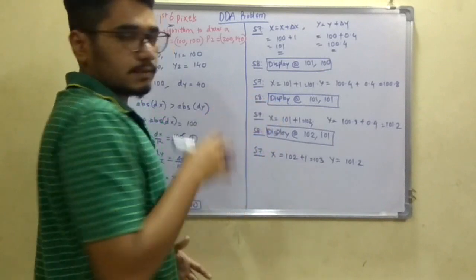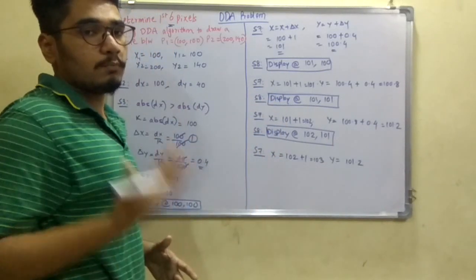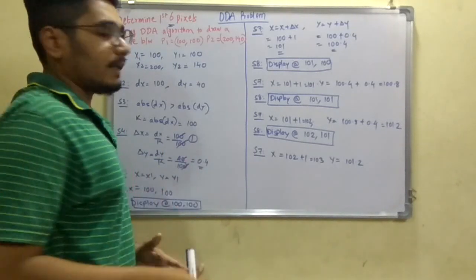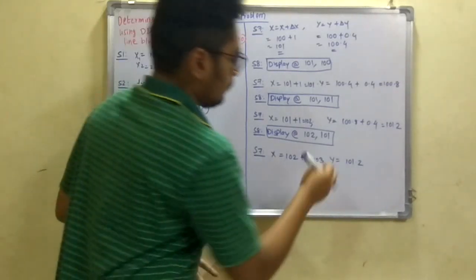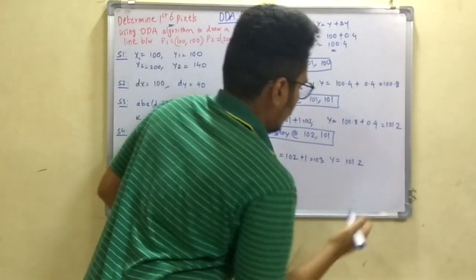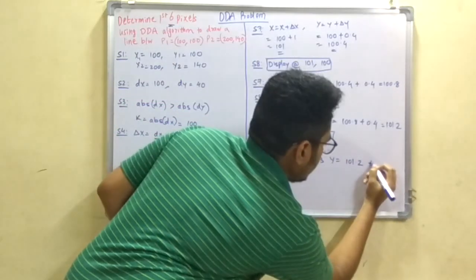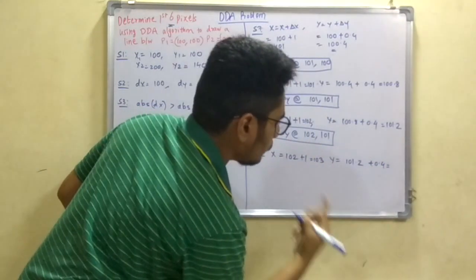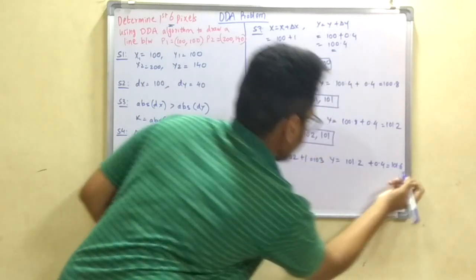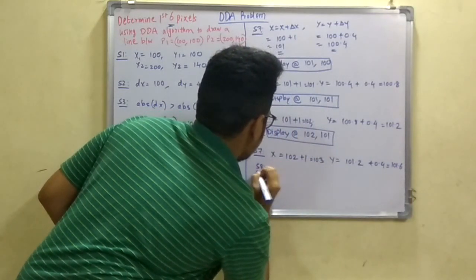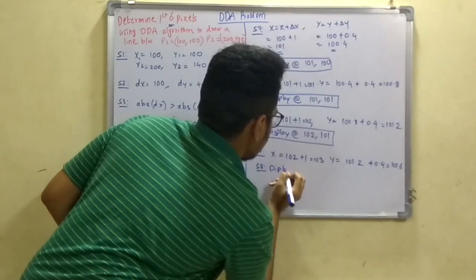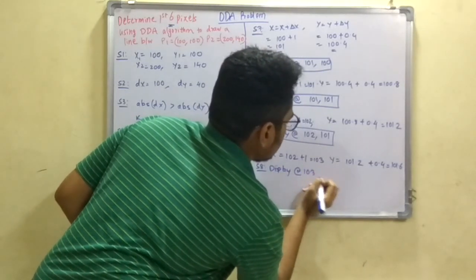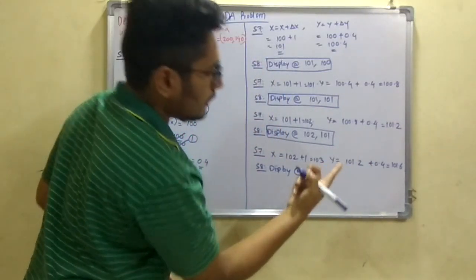We don't want this rounded off value because it will introduce more and more errors and will not get a proper straight line. Instead we get a deviating line or some other line which we don't decide to. And so we update it by 0.4, that is we get 101.6, and we display this at 103 comma, we round it off to 102.